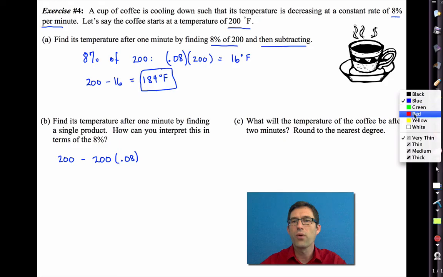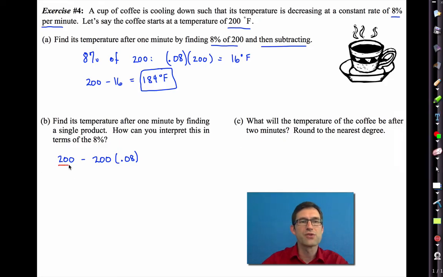Now, just like before, what we really have is this beautiful structure where the 200 shows up in both. And what do we get when we factor it out? Well, we get a 1 from here minus 0.08. Makes sense, right? We've got 100% and we're decreasing it by 8%. So we get 200 times 0.92.